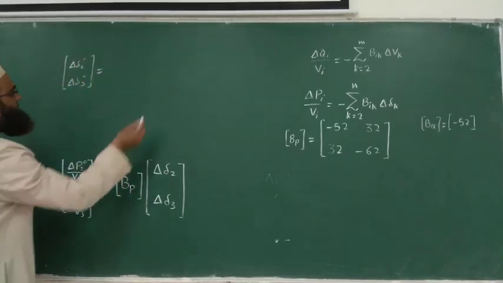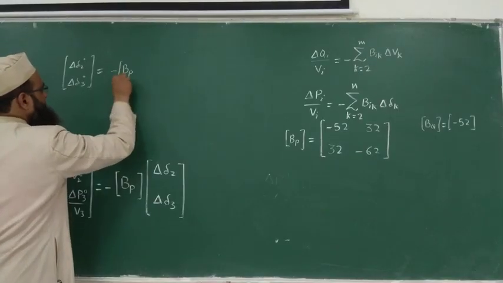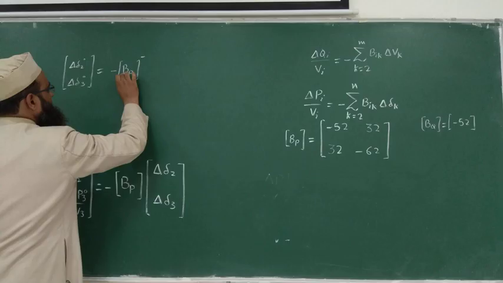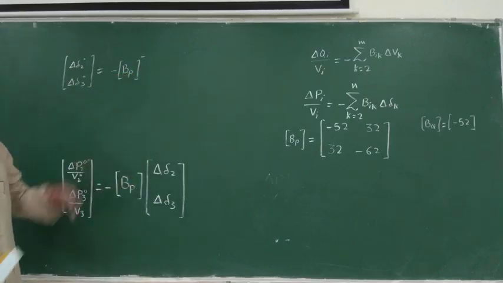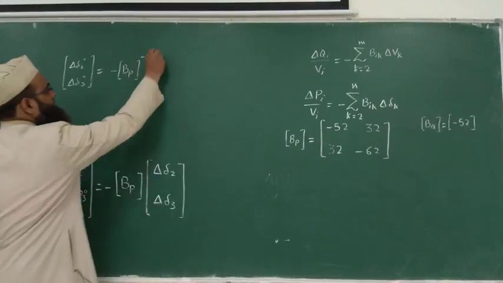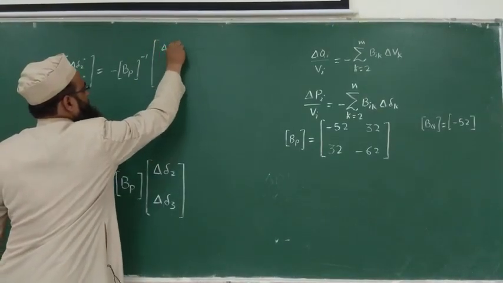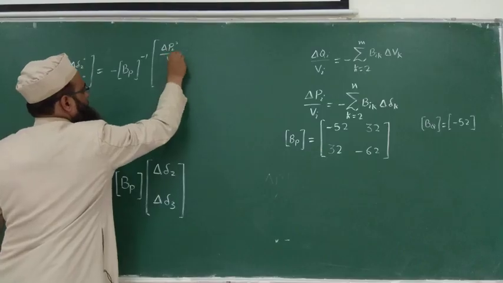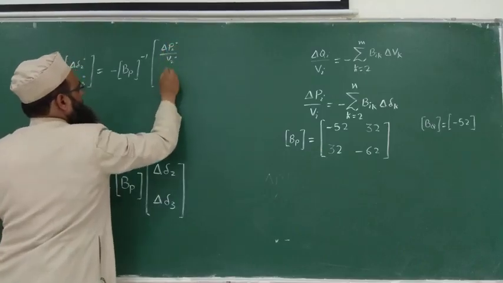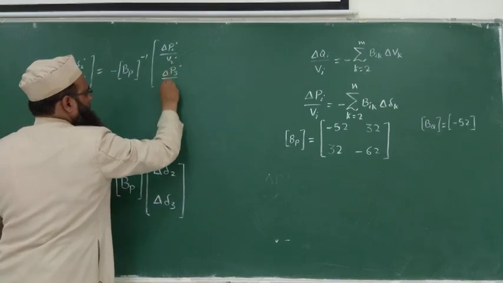So you may write this as minus BP inverse. You may take minus sign inside. This inverse times del P2 0 upon V2 0, del P3 0 upon V3.